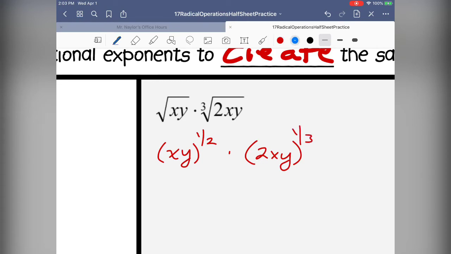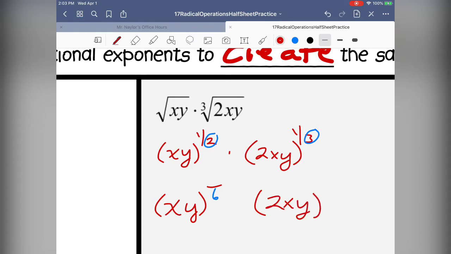Now, as we've done a number of times, we want to make these denominators look the same. To make them look the same is to understand that they both can turn into 6's. The reason they can turn into 6's is because that's the common denominator. Of course, to make them turn into 6's, I'm going to have to multiply to fix it. So for this first one, I'm going to multiply by 3.